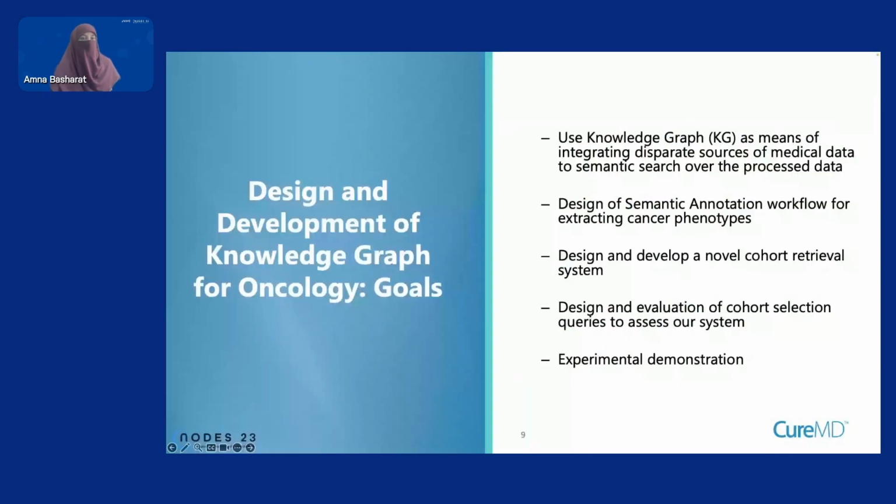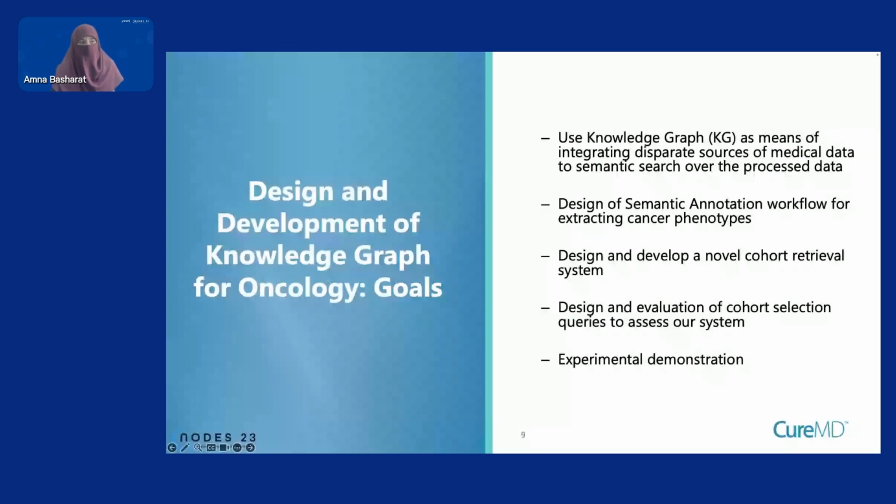So what were some of the goals for this knowledge graph? We wanted to primarily use the knowledge graph as a means of integrating and unifying the very distributed and disparate sources of medical data. And the goal was to be able to semantically search over that data.